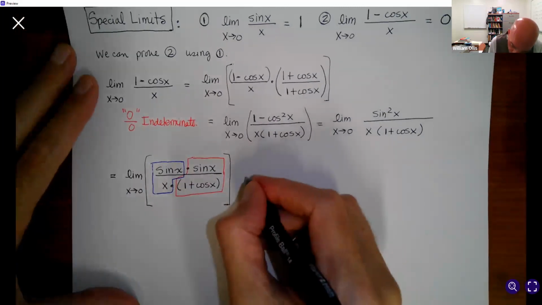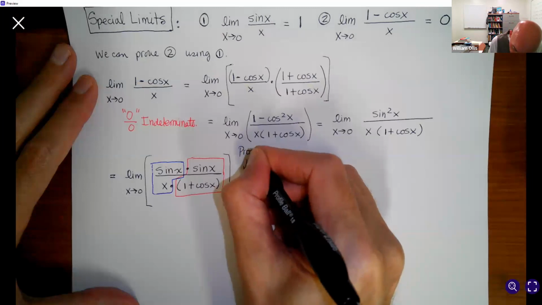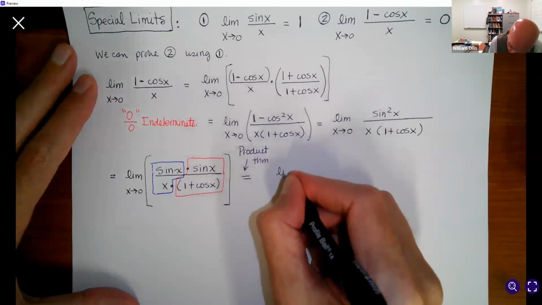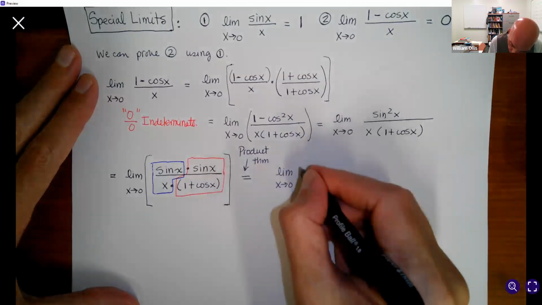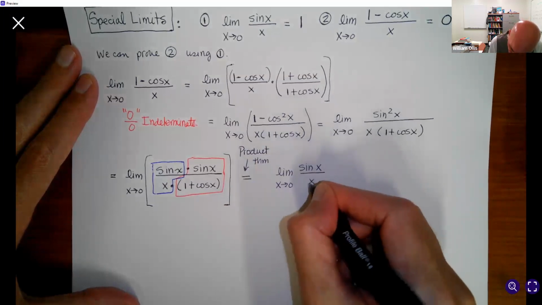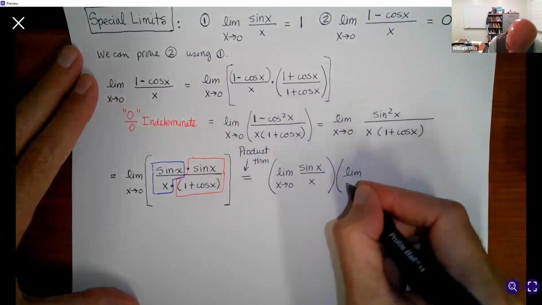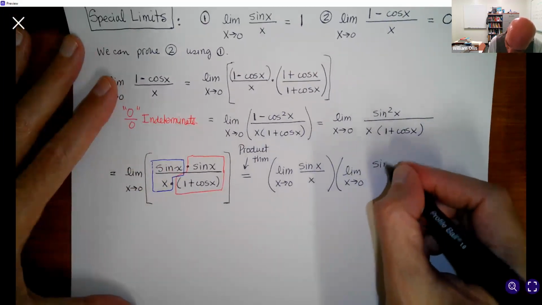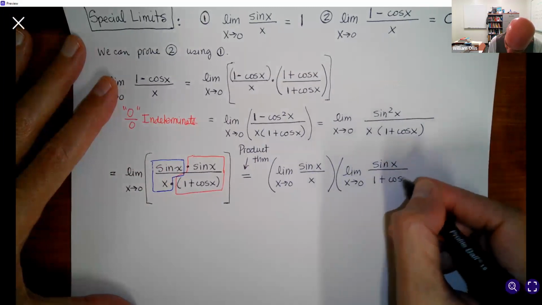So now we'll say product theorem. So this gives us the limit as x approaches 0 of the first function, sine x over x, times the limit as x approaches 0 of the second function, sine x over 1 plus cosine x.